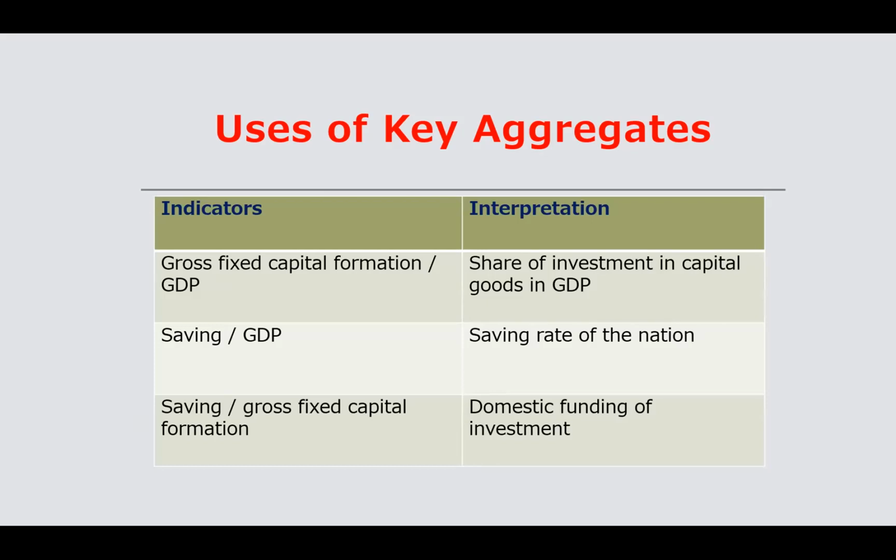Gross fixed capital formation to GDP is the share of investment in capital goods in GDP. Saving rate in GDP is the saving rate of the nation. Saving rate in the gross fixed capital formation is the domestic funding of investment.